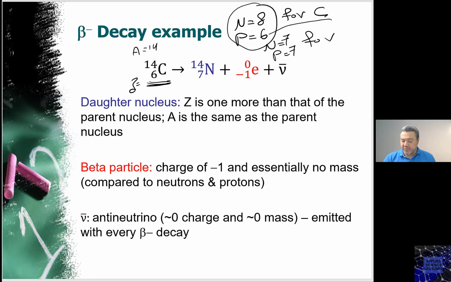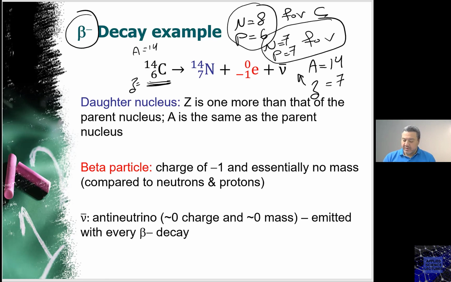So what does this mean? This means that the total A is still 14. A did not change. However, the Z number has increased. So beta minus is going to result in an increase in Z. Z now went from 6 to 7.